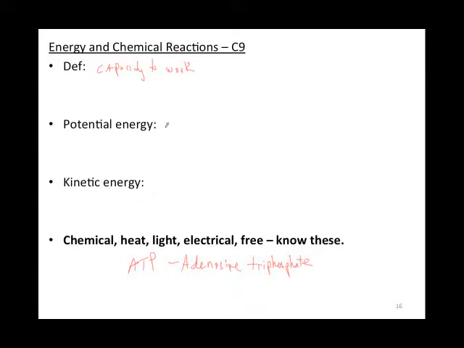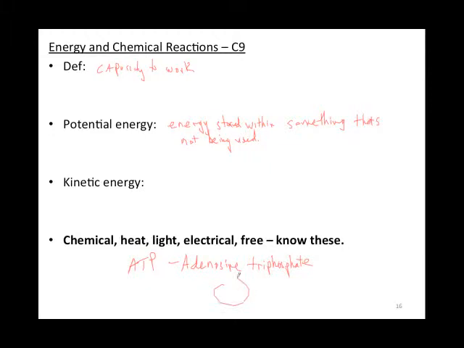And potential energy is energy that's stored within an object or stored within something that's not being used. And in the case of ATP, the energy is stored in the bonds.